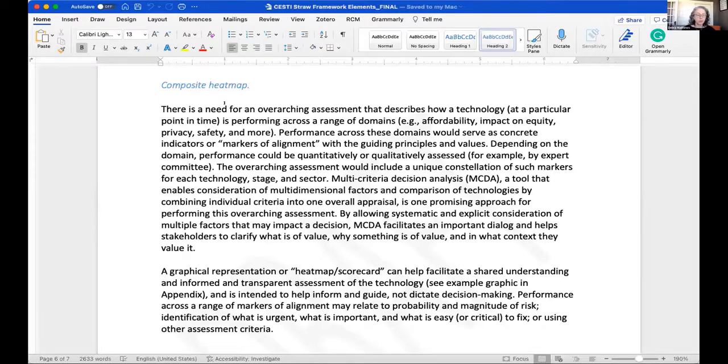And again, I will circle back to this in a minute, but the idea is that the performance across these domains would serve as concrete indicators or markers of alignment with the guiding principles and values to help us do that translation of principles and values into policy choices.